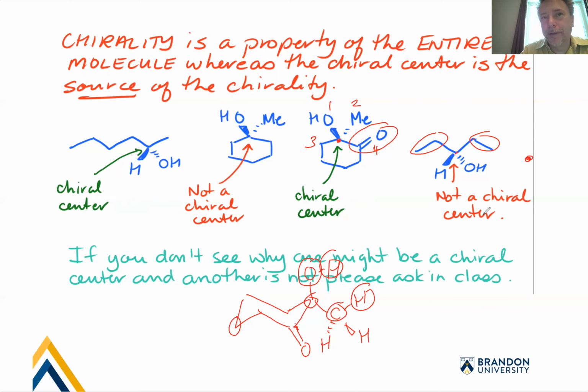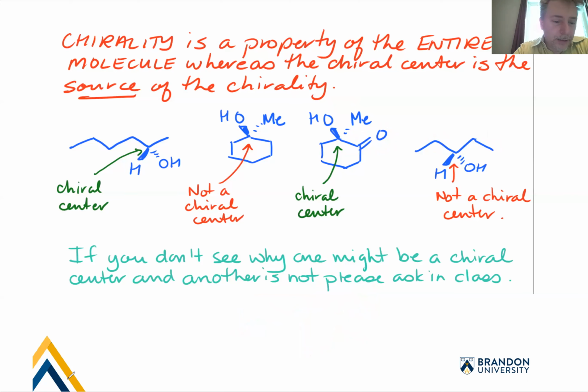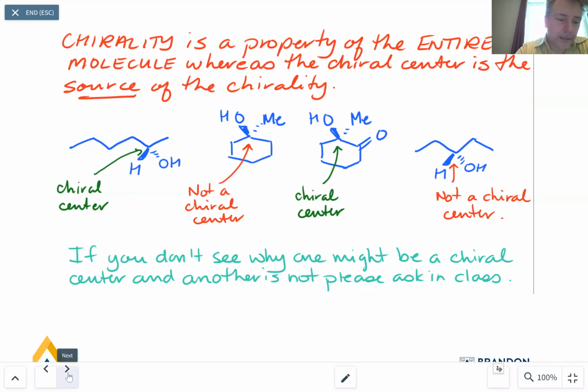Some polymers are chiral because of the way that they wrap in a spiral, and the spirals can be clockwise or counterclockwise. But that's one of the exceptions to the rule. All right. Good. Okay, so what is next?